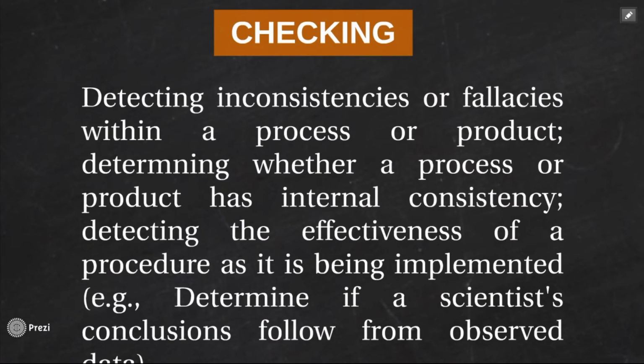Checking, detecting inconsistencies or fallacies within a process or product, determining whether a process or product has internal consistency, detecting the effectiveness of a procedure as it is being implemented. Example, determine if a scientist's conclusion follows from observed data.